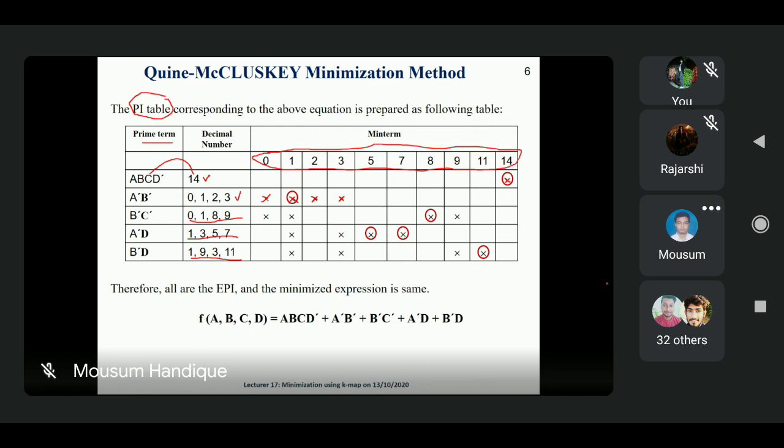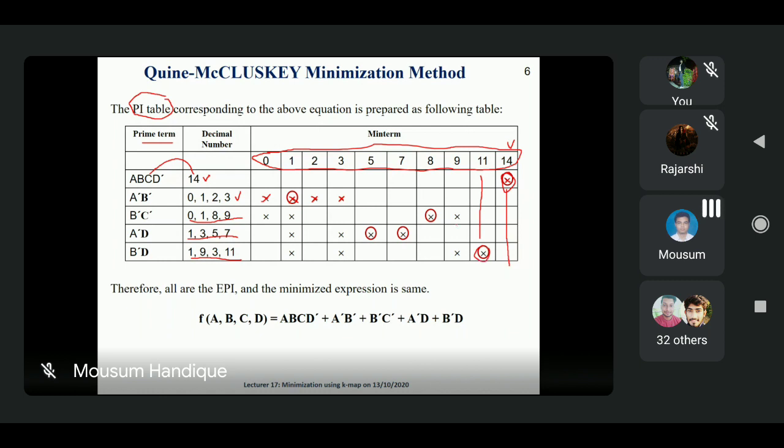We consider all the mean terms and the corresponding columns. Suppose we consider 14, are there any crosses? No. When no other cross is there, we can round this one. See here, in column number 11, no other cross is there, so we can round this one.